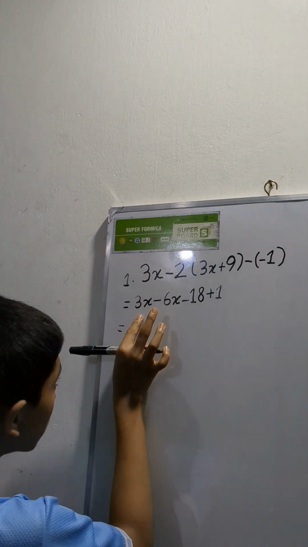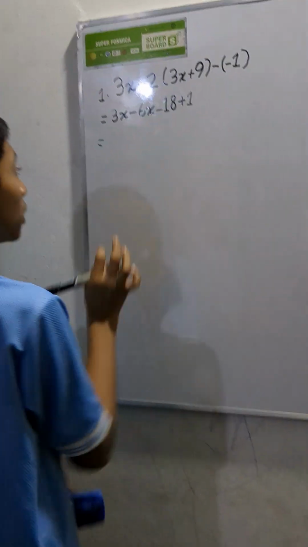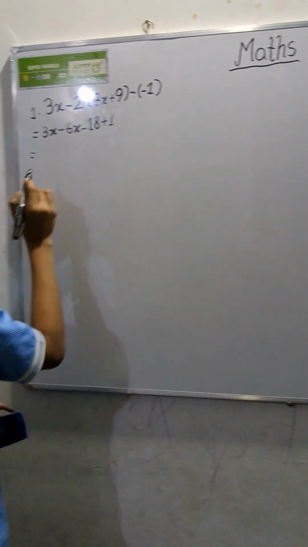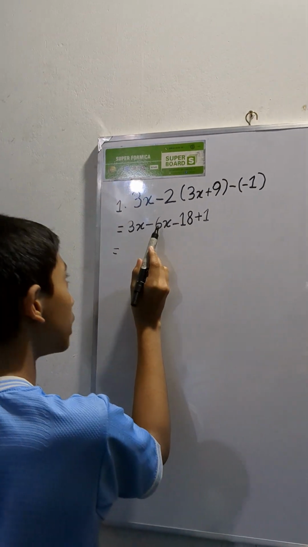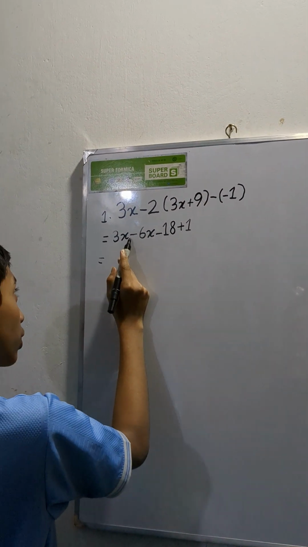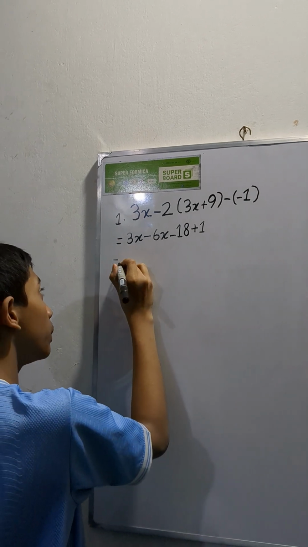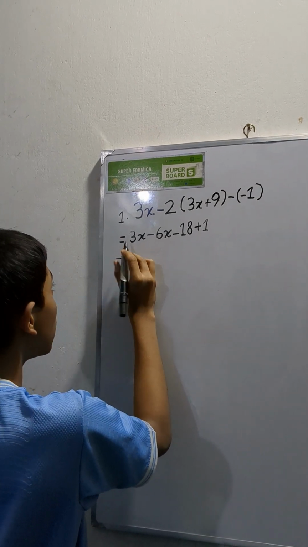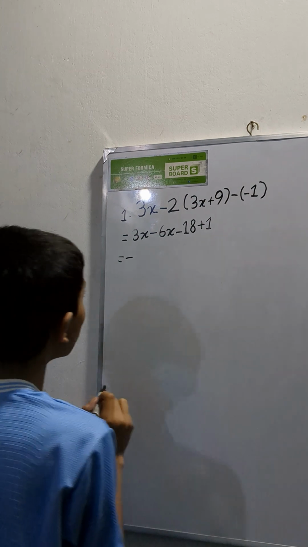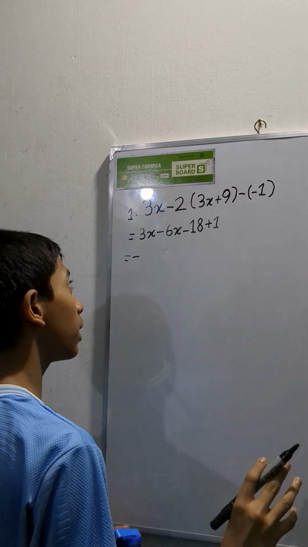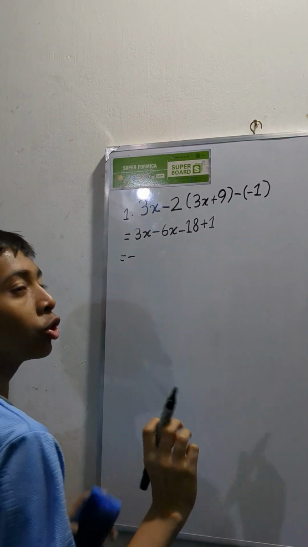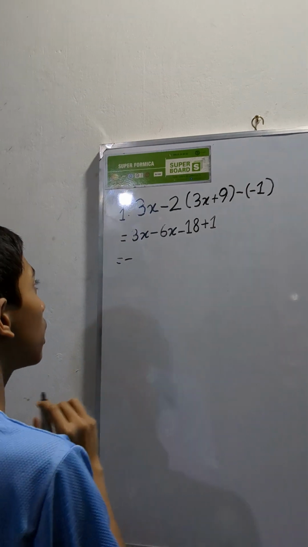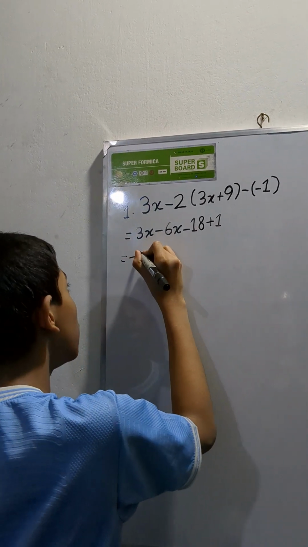Then here is 3x and minus 6x. So we know 6 is bigger than 3 and 6 consists of a minus sign, so here will be minus. Here's a plus sign and here's a minus sign. If we multiply plus and minus, the result will be minus, so we will subtract this math. 6 minus 3 is equal to 3.